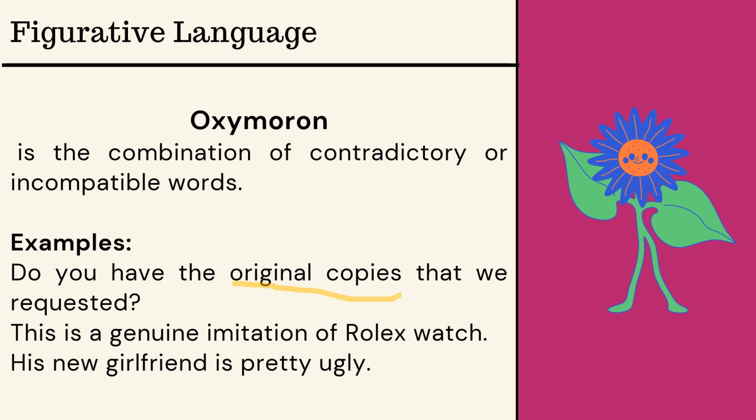Okay? Genuine imitation of Rolex. Genuine imitation. Pretty ugly. We get what this means, but the words that are used are two contradicting, opposite terms. Pretty ugly. Student teacher. Oxymoron.